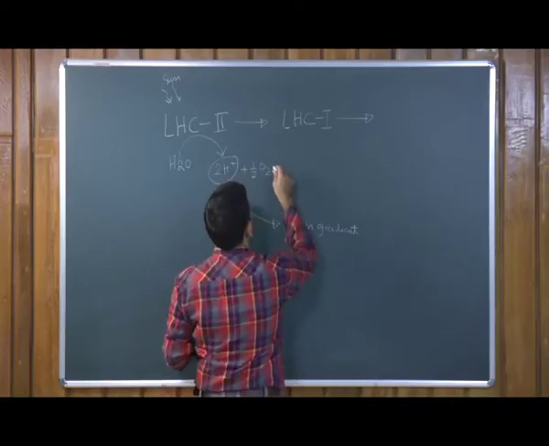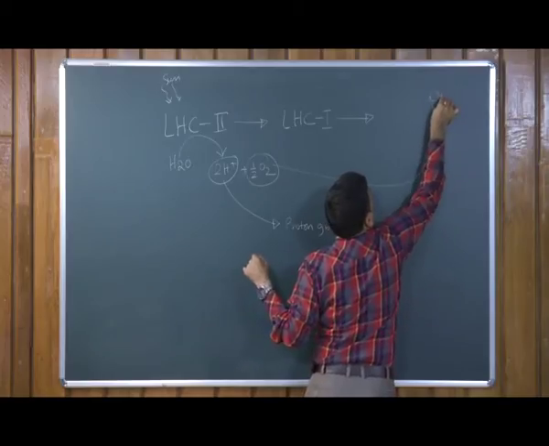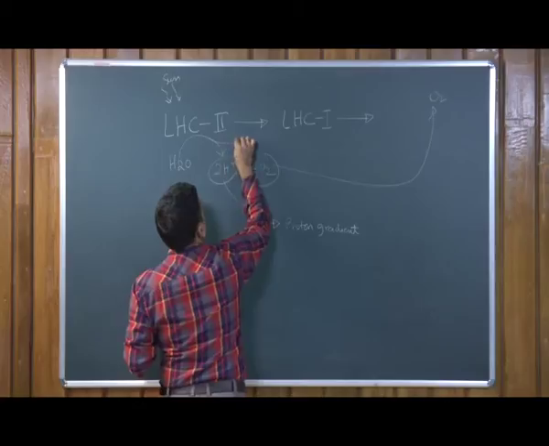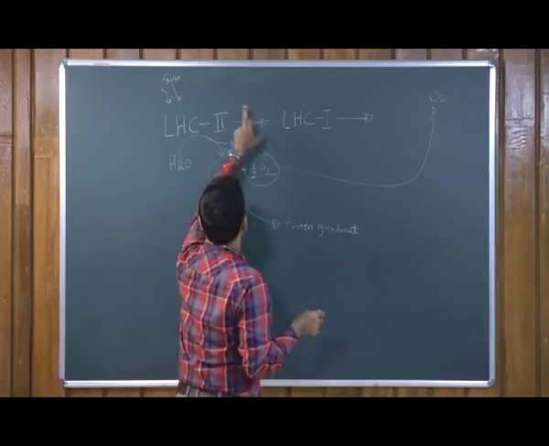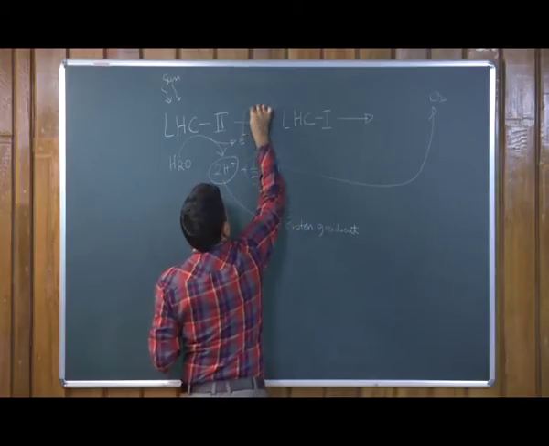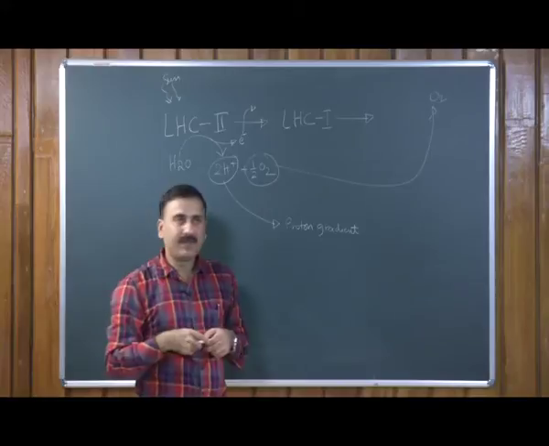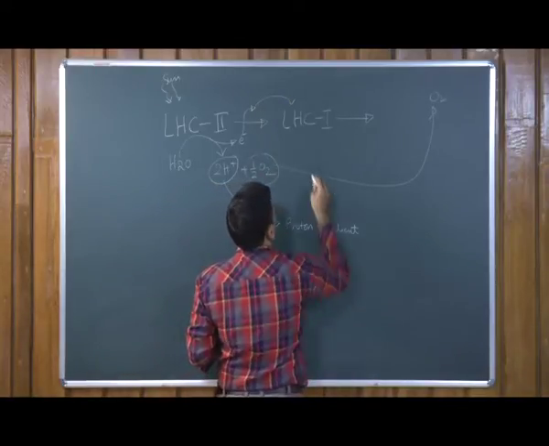Half oxygen is evolving as O2, and in this process it is also extracting an electron, which runs throughout the light harvesting complex 2 and then ultimately goes to the light harvesting complex 1.